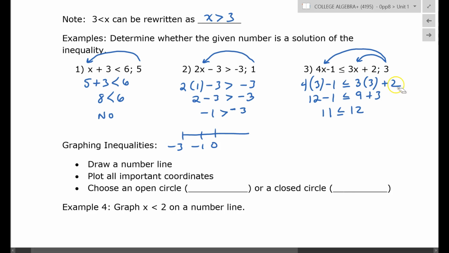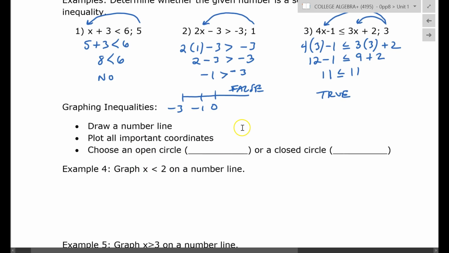Oh, +2, sorry. 11, all right? True or false? So this is true. All right, and this one was false, okay? Yes or no, sure. So no or false.